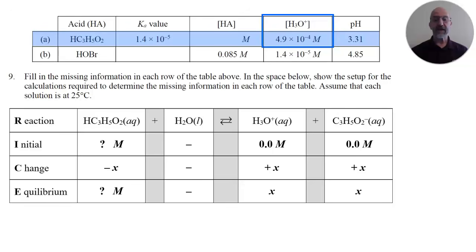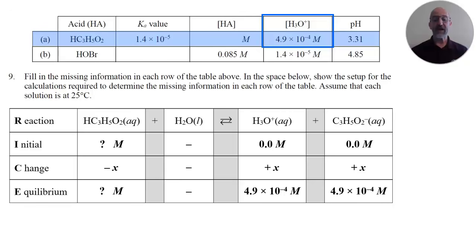So there is the concentration of the hydronium ion, or if you don't think that's correct, you can go ahead and check it on your calculator. So if you do 10 to the minus 3.31, which is the pH, then you would get 4.9 times 10 to the negative 4. And based on that 1-to-1 mole ratio, 4.9 times 10 to the negative 4 is also the concentration of the conjugate base, or the propanoate ion.